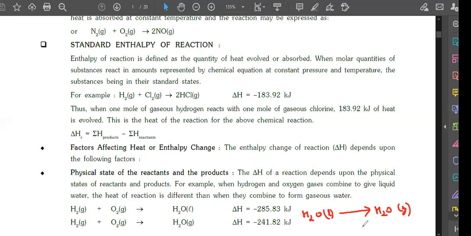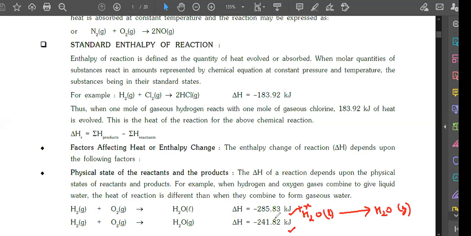Very good, this is endothermic. How can you say? In the first reaction, delta H is more negative. In the second reaction, delta H is less negative, meaning some energy is being added. That's why it is reducing.